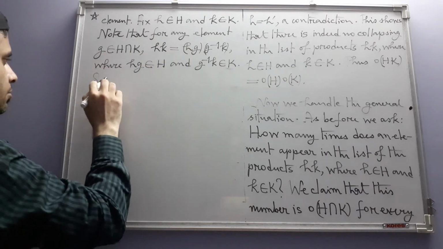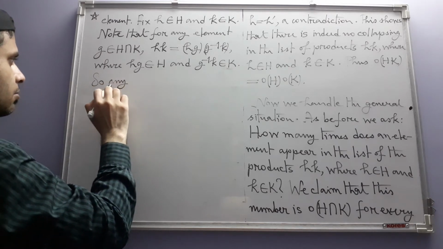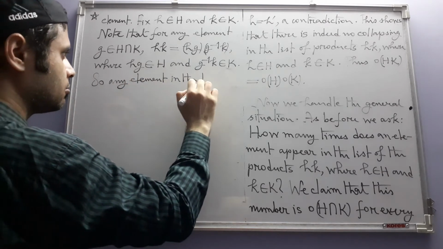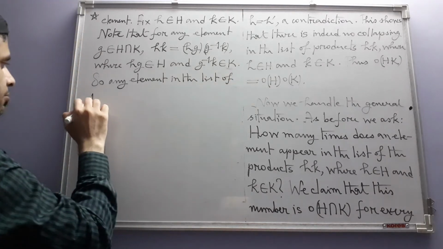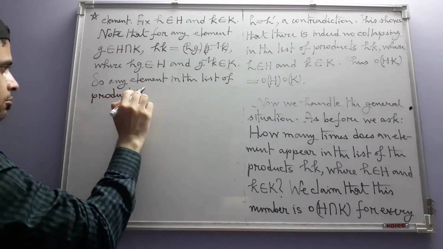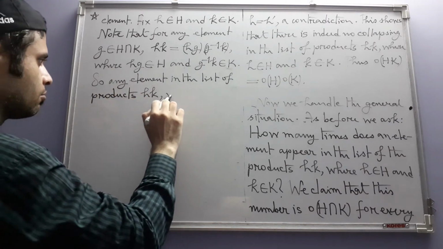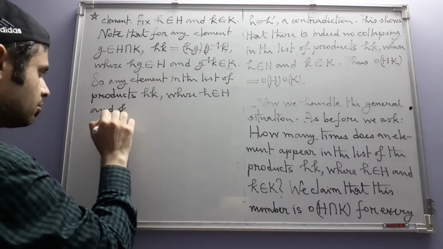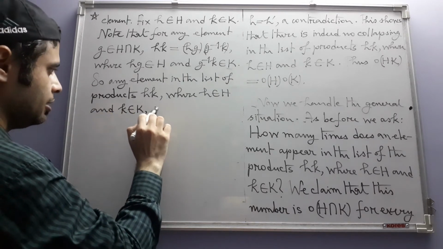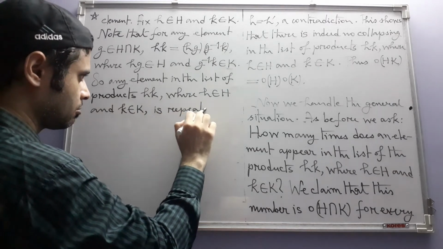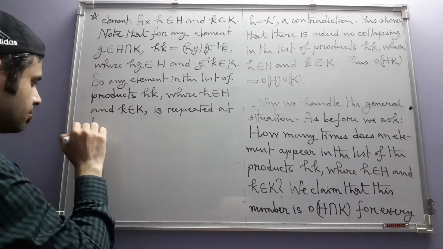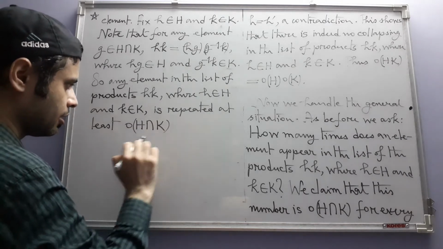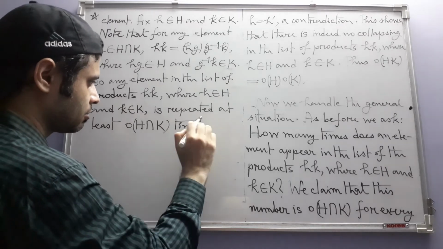So any element in the list of products hk, where h belongs to H and k belongs to K, is repeated at least the order of H intersection K, this many times.